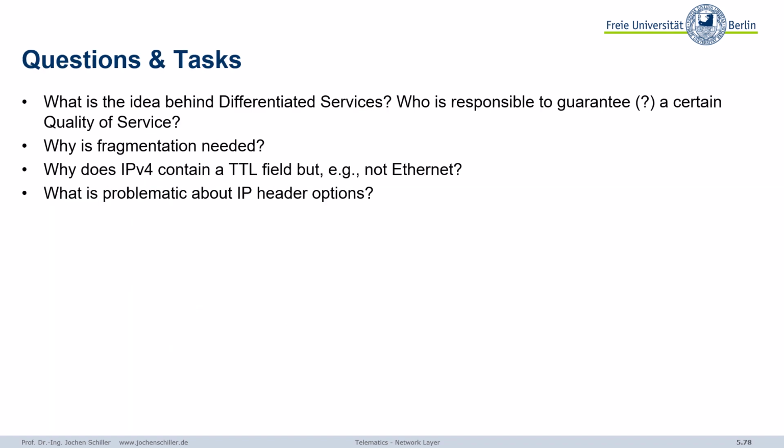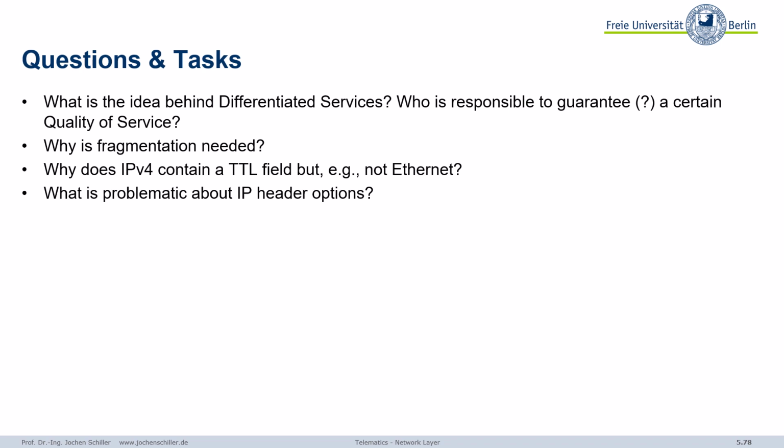Okay, some questions. We looked at the basic format of an IP version 4 header, and there was some newer, mid-90s stuff, differentiated services. So what is the basic idea, and who is responsible? Can we guarantee at least a certain quality of service? Then a closer look into fragmentation: why do we need this, what is the idea behind fragmentation, and how is it done?